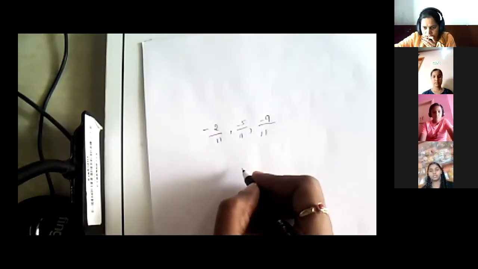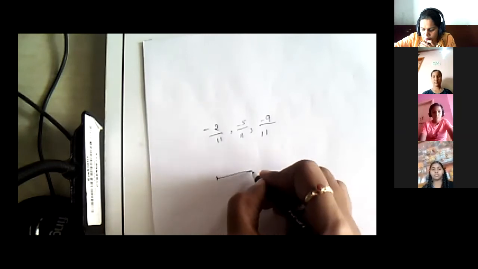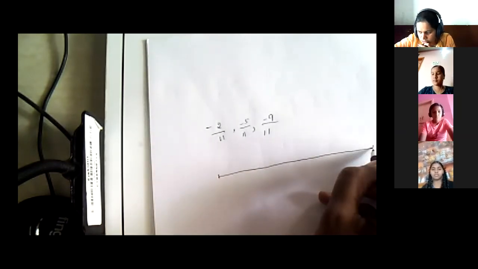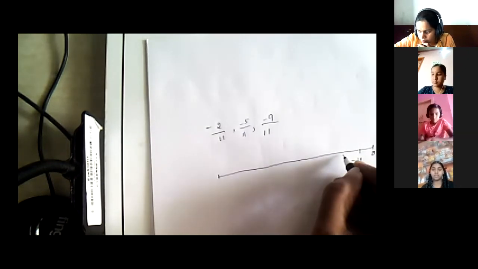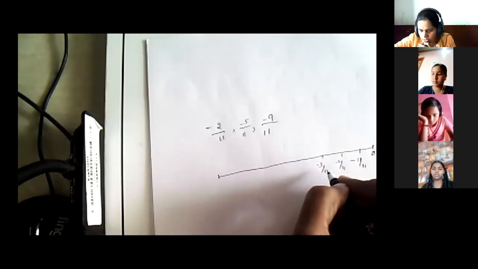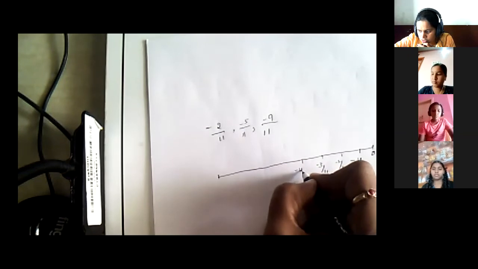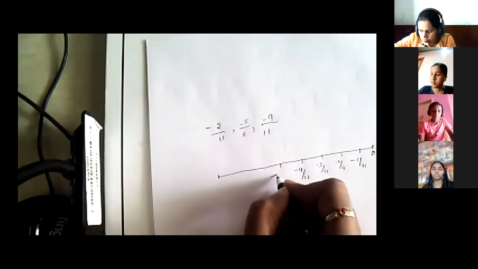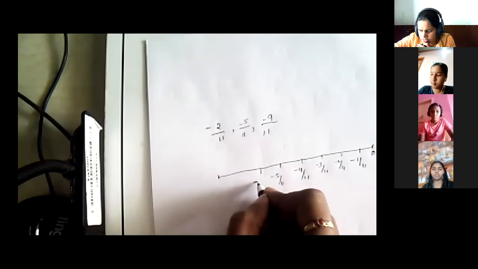As it is a negative number, you can write minus 1 upon 11, minus 2 upon 11, minus 3 upon 11, minus 4 upon 11, minus 5 upon 11, continuously, minus 7 upon 11, minus 8 upon 11, minus 9 upon 11, minus 10 upon 11.